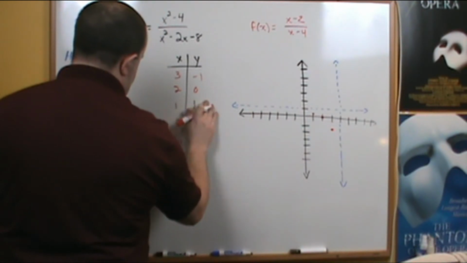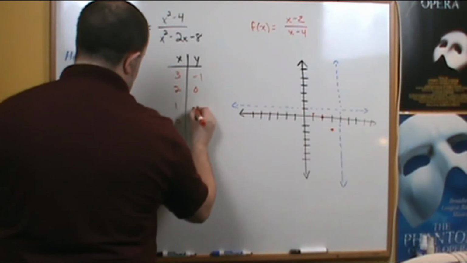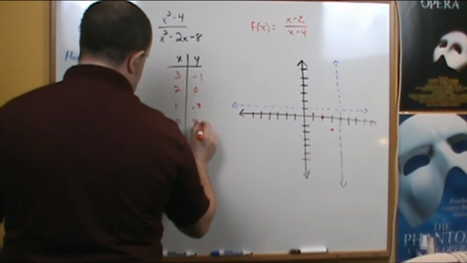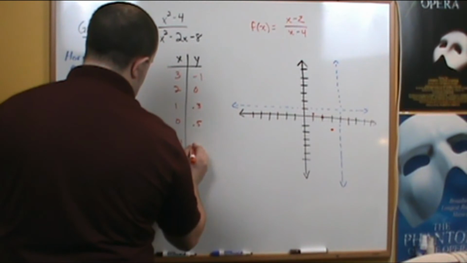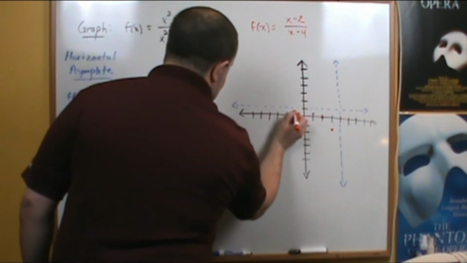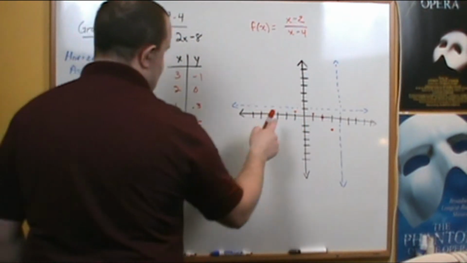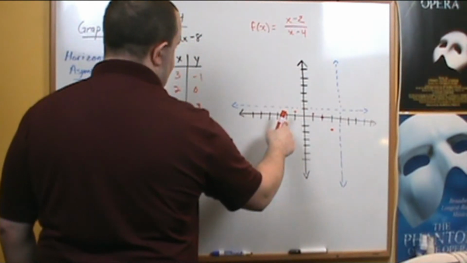So the 1/3 could be 0.3, 1/2 is 0.5, and we get 0.6.